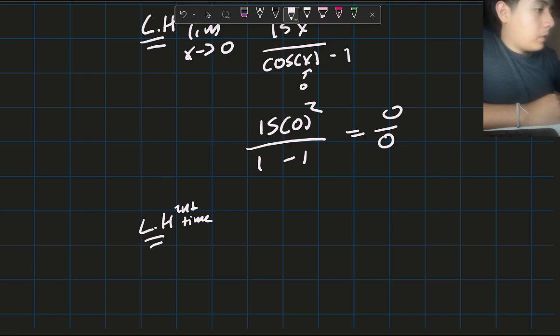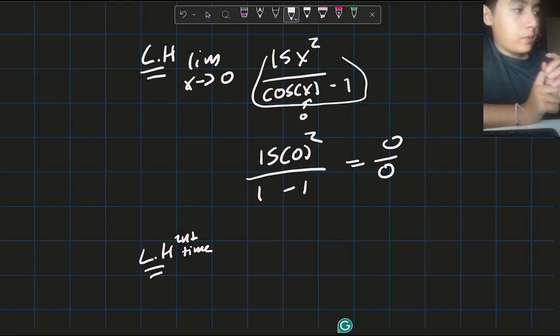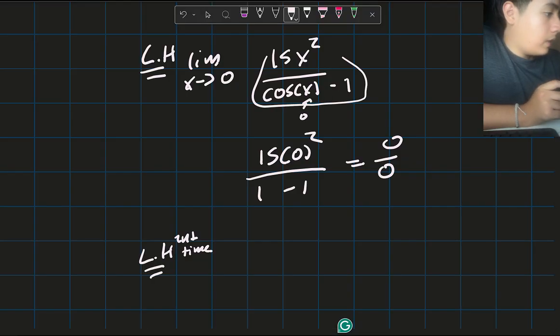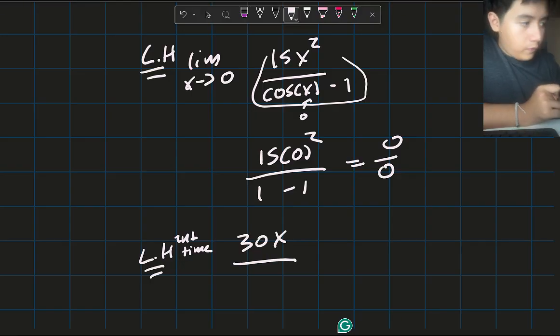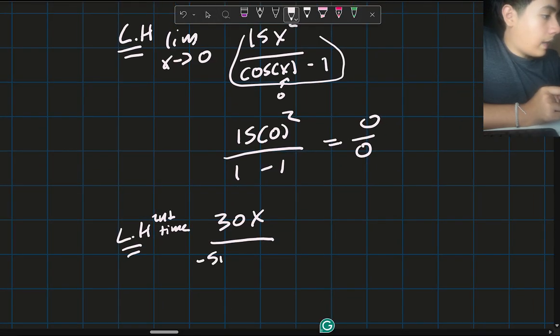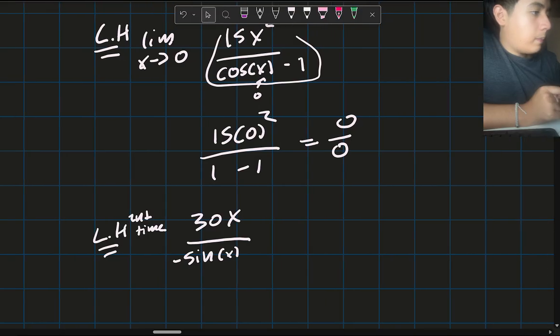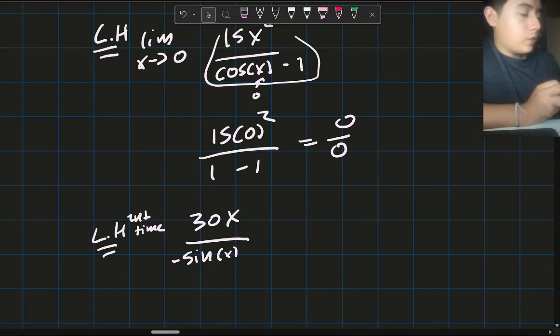for the second time. Okay, so going back where we were, over here we have 15 times 2. That will give us 30x over the derivative of cosine, which is negative sine of x. Okay, and the derivative of negative 1 is just 0.